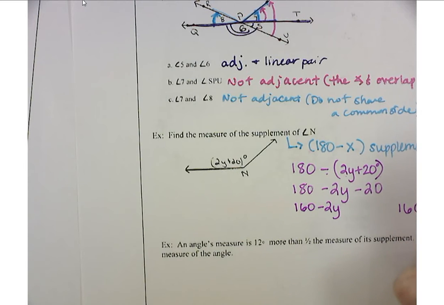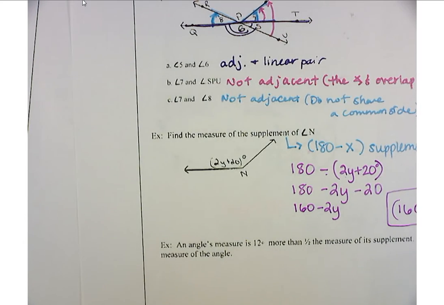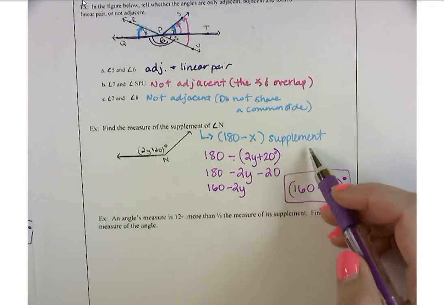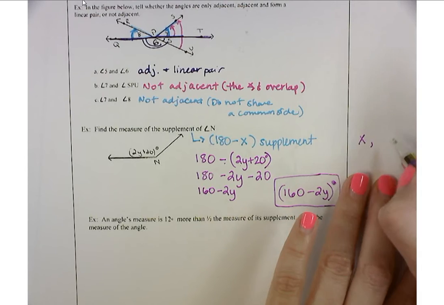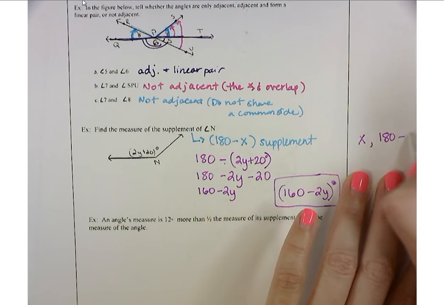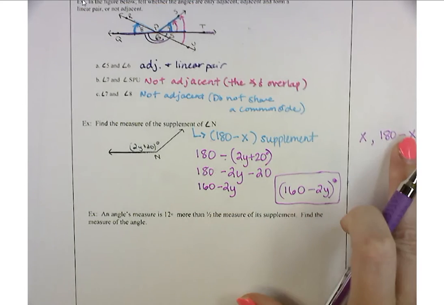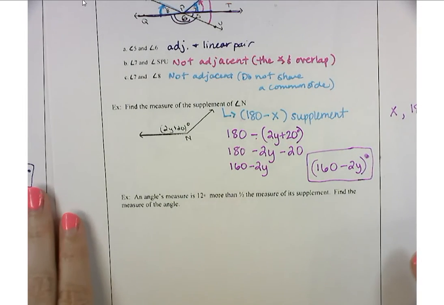So it's 160 minus 2y degrees. Okay, and again, this comes from the fact that if you have an unknown angle and the supplement, if you know what x is, you can subtract that from 180 to find out what your other angle is. Okay, and then again, just remember that you're distributing.